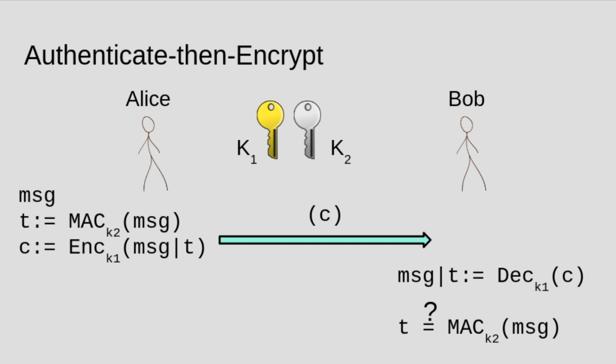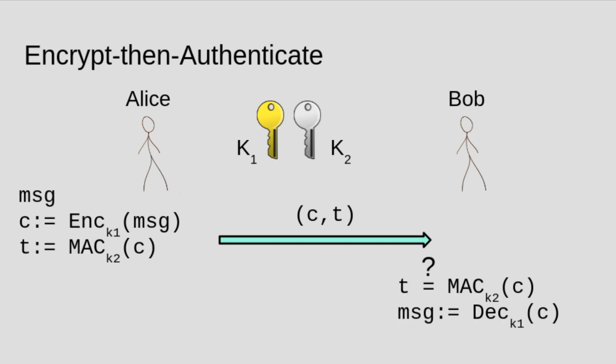There are instantiations of this approach that are secure, so this can work, but it matters what encryption algorithm you use. When we were talking about modes of operation, we were talking about encryption algorithms that were secure against chosen plaintext attacks, but not secure against chosen ciphertext attacks. And so those symmetric algorithms, the different modes of operation, are in general malleable algorithms and would not be appropriate for use in this kind of construction.